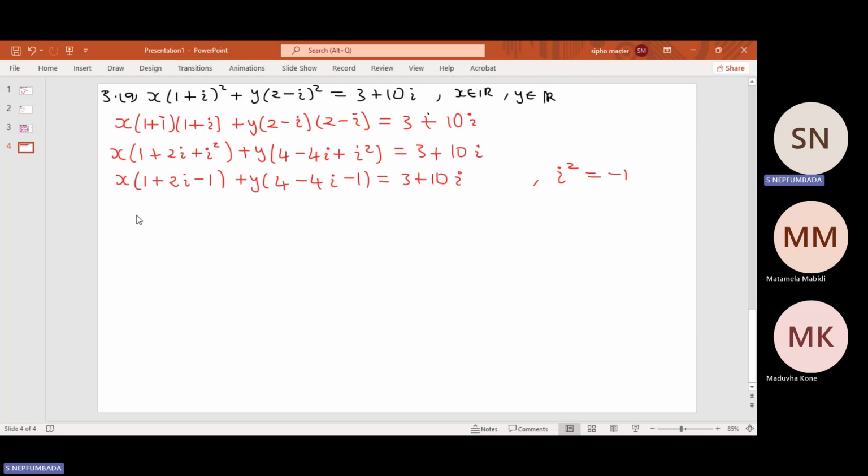And this is what? 1 and 1 cancel, right? We're left with 2xi. Then plus, we remove the brackets. It means 4 minus 1 is 3. 3 times y is plus 3y. Did you get it? Then minus 4yi is equals to 3 plus 10i. Are we good?